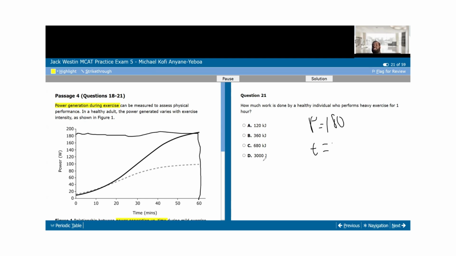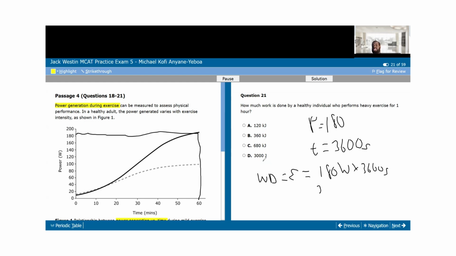So 1 hour is 60 minutes, which is 3,600 seconds. Then my work done, which is the same as the total energy expenditure, is going to be my 180 watts multiplied by 3,600 seconds.